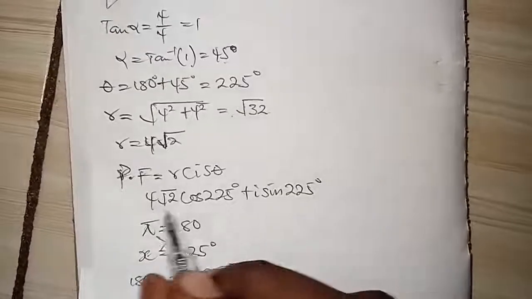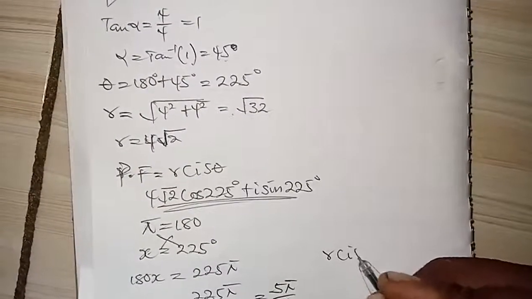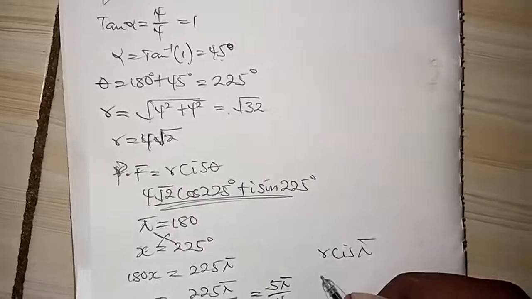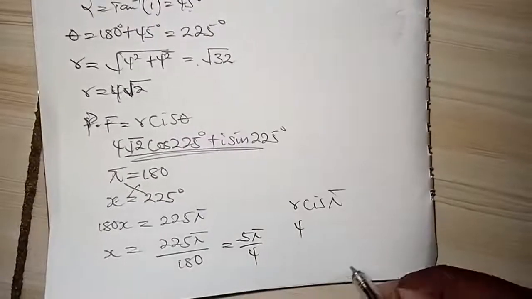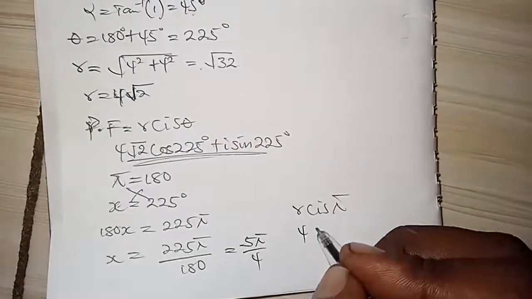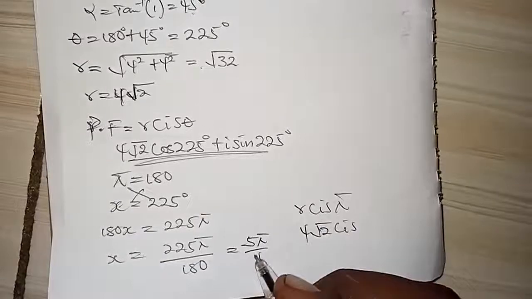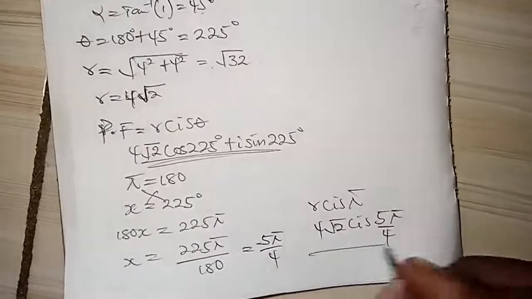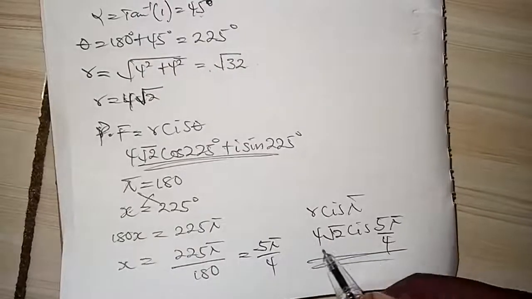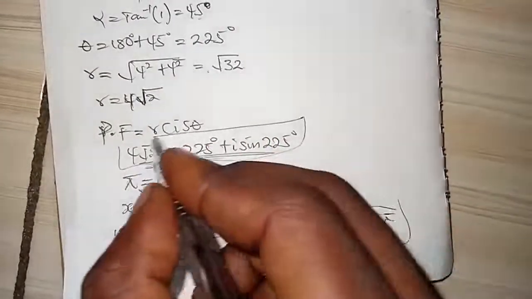This can also be rewritten as r cis theta, where r is 4 root 2 and theta is 5 pi over 4, which is now in radians.